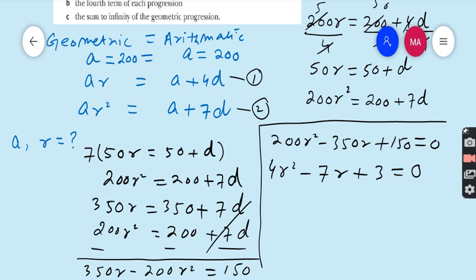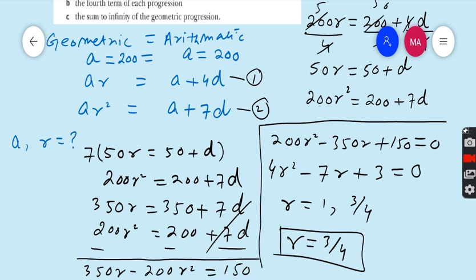Solve this equation by any method, you will have r is equal to 1 and r is equal to 3 upon 4. But there is a restriction in the question, r cannot be equal to 1. Therefore, we have to take r is 3 upon 4. R is equal to 3 upon 4 is our final answer.